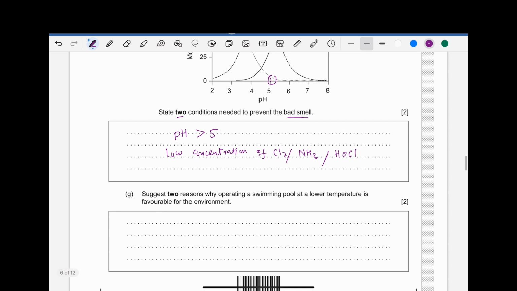Suggest 2 reasons why operating a swimming pool at low temperature is favorable for the environment. So low temperature means low evaporation of water, so lower water evaporation.